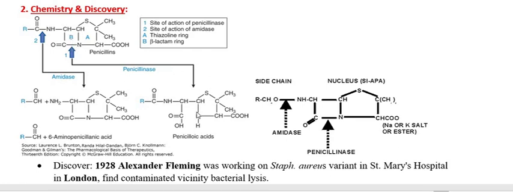After breaking this, penicilloic acid is formed. When the penicillinase enzyme acts on the beta lactam ring, as a result we receive the compound called penicilloic acid. And this penicilloic acid combines with the protein of the patient and forms a hapten.